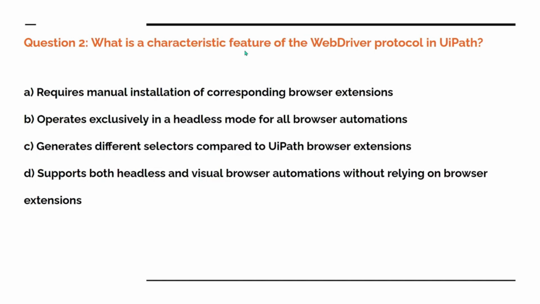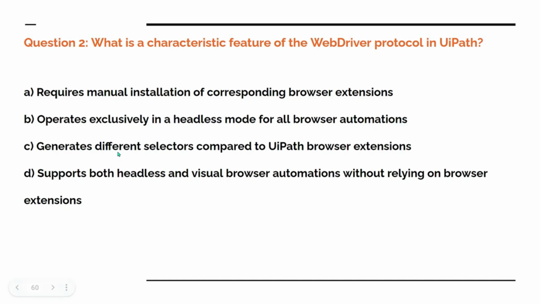What is a characteristic feature of the WebDriver protocol in UiPath? Options: A, requires manual installation of corresponding browser extensions. B, operates exclusively in headless mode for all browser automations.